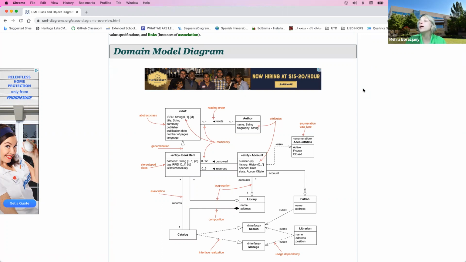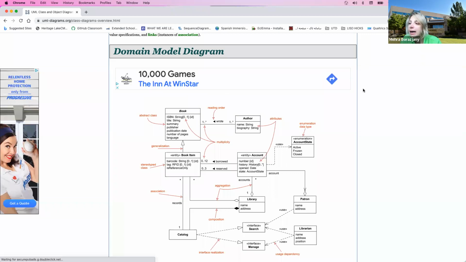And so mainly what we see here, we see the names of the classes, and can you tell me what is very obvious about the names of these classes? They're all nouns, and they all start with a capital letter, and they're all singular, right?